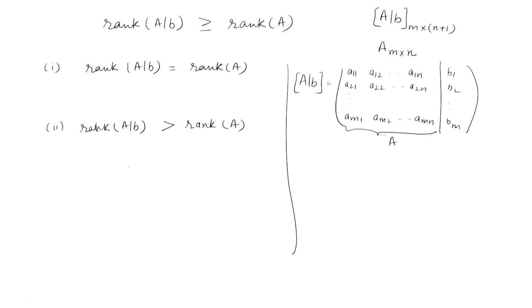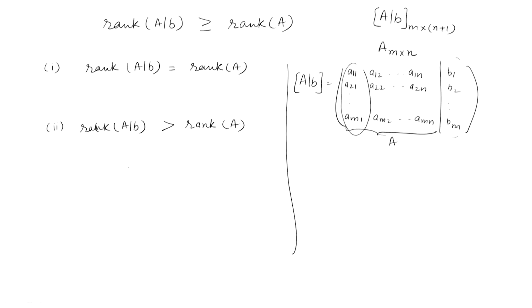That means the maximum linearly independent columns of matrix A will be the same as the maximum linearly independent columns of the augmented matrix, the full matrix, and that is possible only when the extra column can be written as a linear combination of these columns.